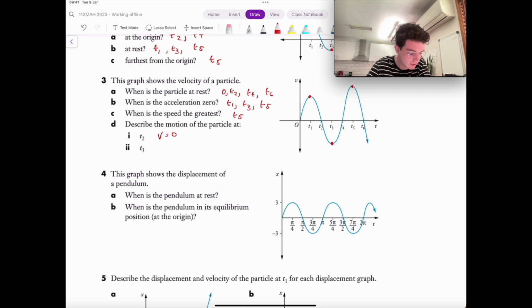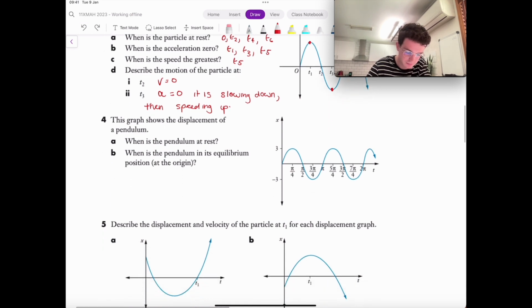And t3 is when its acceleration is equal to 0, which means that it is slowing down, then speeding up. So it's slowing down here, and then it's starting to speed up there. That's because its velocity is going down, and then its velocity starts to get bigger.